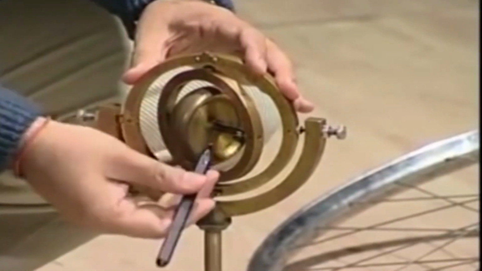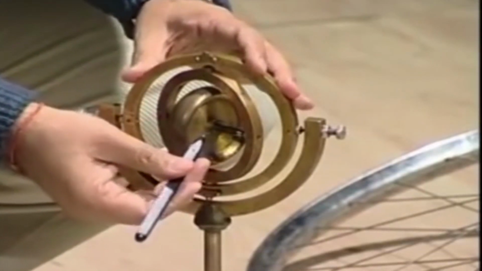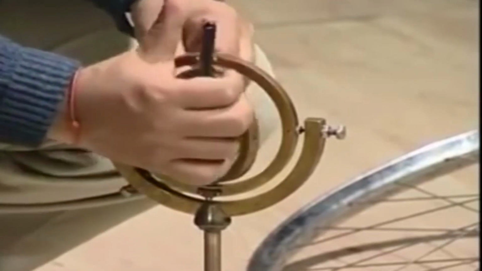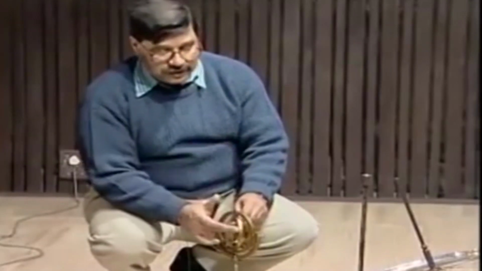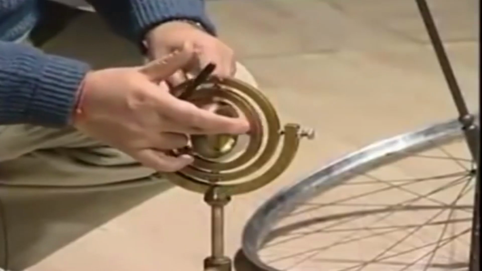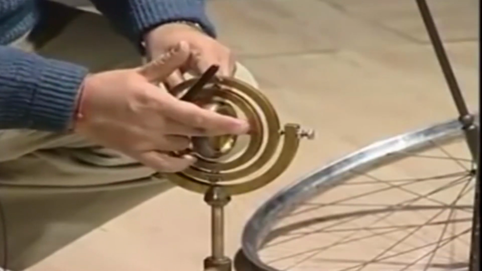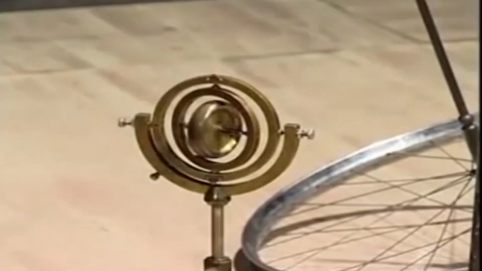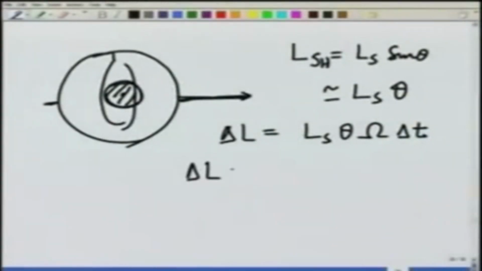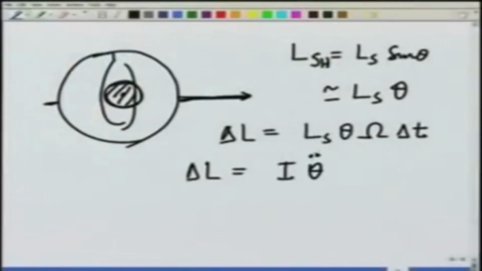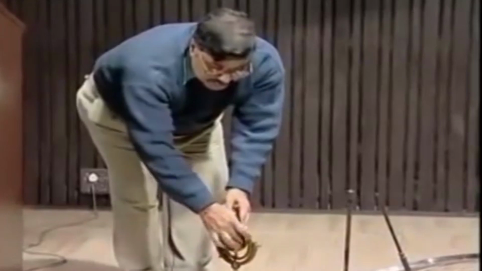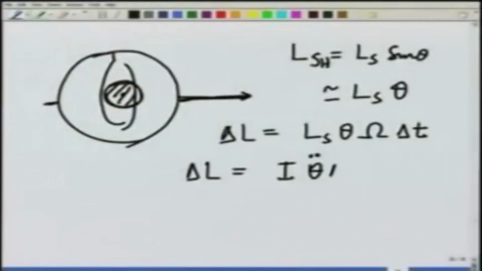However, there is no torque in this direction, and therefore, delta L in this direction should be 0. What would happen? This frame would rotate in this manner so that it develops a delta L in this direction. So, it will gain an acceleration or a velocity in this direction so that this delta L gets 0, and that gain should be delta L is equal to I, whatever I is about this axis, theta double dot, because it is going to go that way, it will change theta, times delta t.